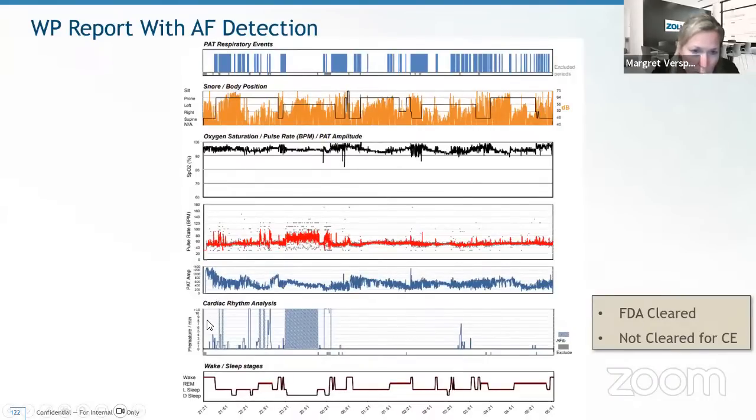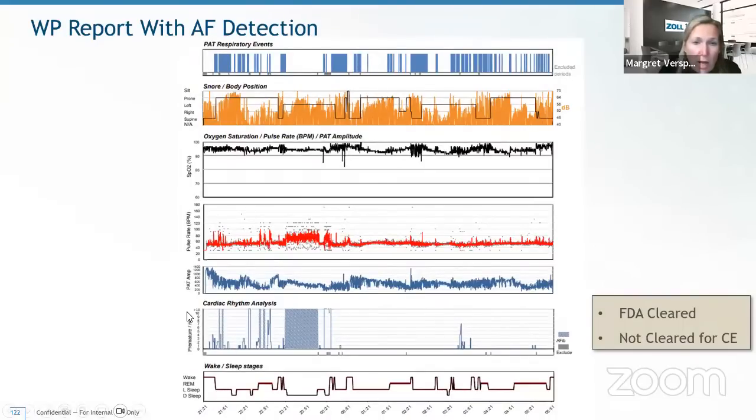Here we can see if there are premature beats scored, or periods of atrial fibrillation. For example, when we see this sudden increase in heart rate, the algorithm detects a period of atrial fibrillation. You can go into the raw data to check what's going on, but the algorithm already detected that it starts already here.